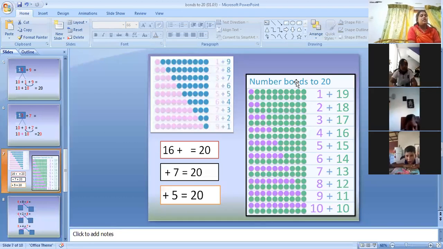If we know the bonds to 10, we can make bonds to 20, 30, 40, 50, 60, 70, 80 and 90. So the main thing you should practice and keep in your mind is the bonds which make number 10. Okay, let's go ahead.